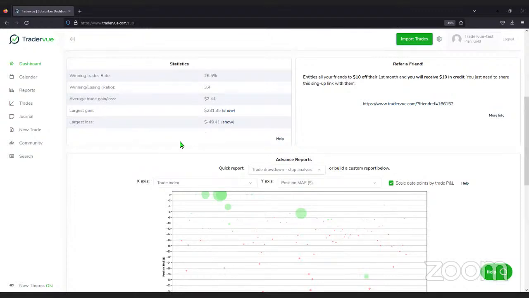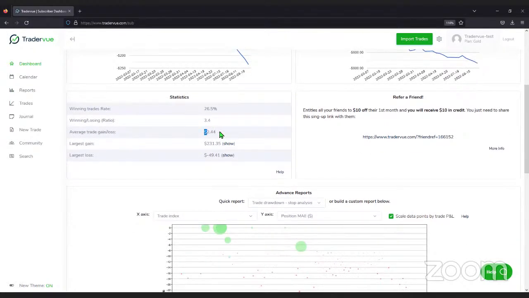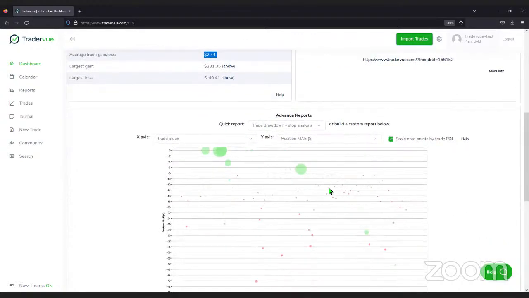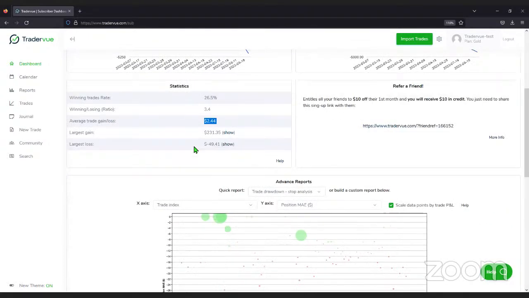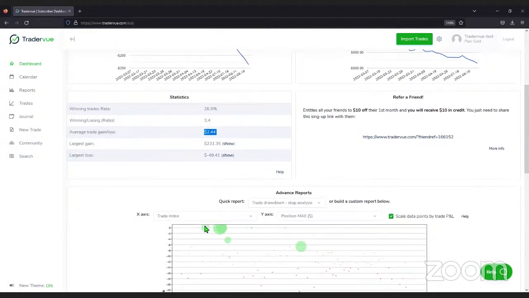But basically, because of his most recent drawdown, he has an average trade gain loss of only $2.44, which is very low. We will see more information about how to get deeper into how a trader is performing using Tradervue. These are examples on purpose so we can have a deeper look into it moving forward.